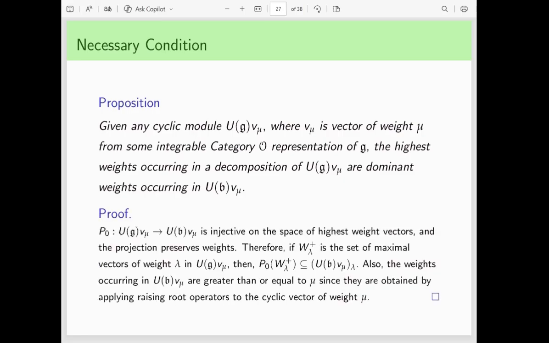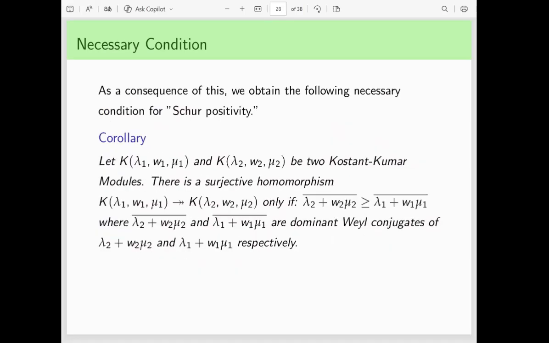So for our setup, it means that if we have two Kostant-Kumar modules and there is a surjective homomorphism between them, then the dominant conjugate of lambda2 plus w2 mu2 has to be greater than or equal to the dominant conjugate of lambda1 plus w1 mu1.